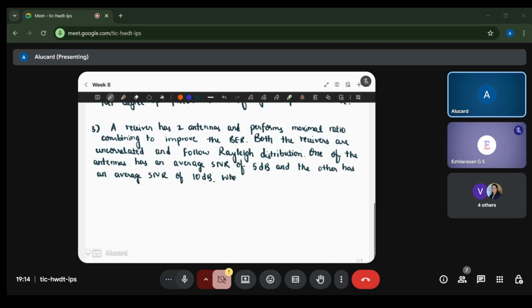What is the average SNR after maximum ratio combining?